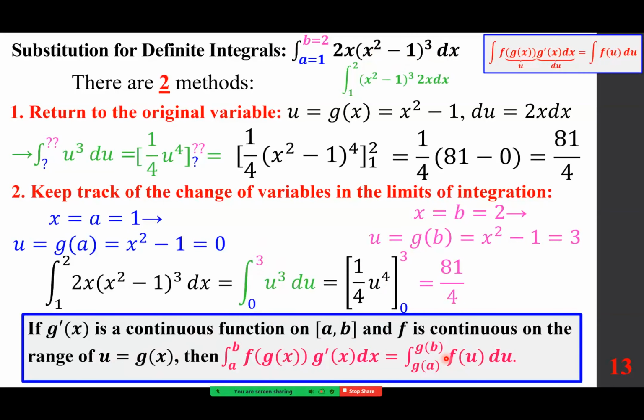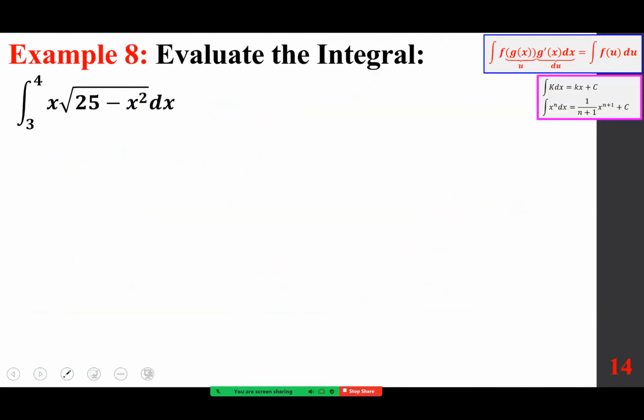Let's look at a couple of examples. For example, here we want to evaluate this, and we know it's a definite integral which will give us a number. So we choose 25 minus x squared as a choice of u. We know the derivative is negative 2x. So du is negative 2x dx.